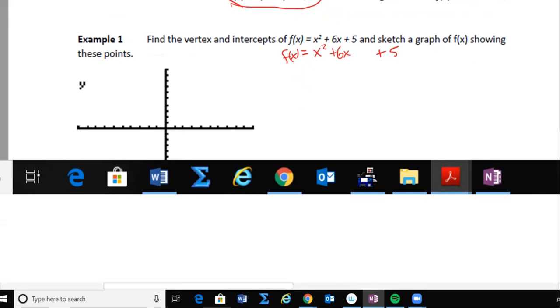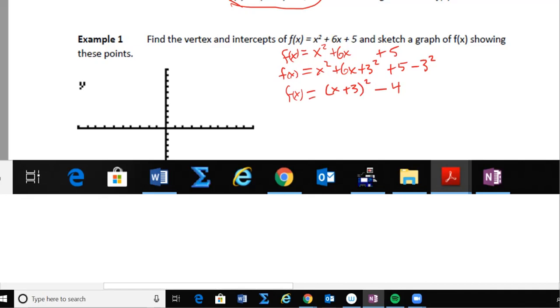So here, I'm going to have an x squared plus a 6x and a 3 squared, and subtract that same 3 squared. That way it's like it didn't happen, but now I can write this as x plus 3 quantity squared. And then this will be, well, it won't be a plus, will it? It will be minus 4. 5 minus 9.